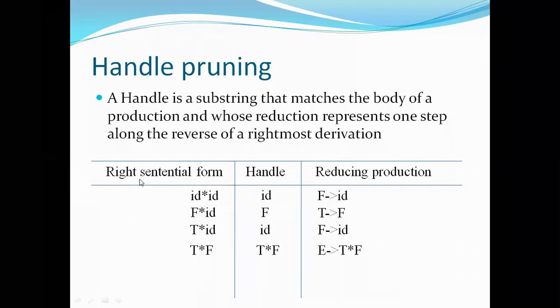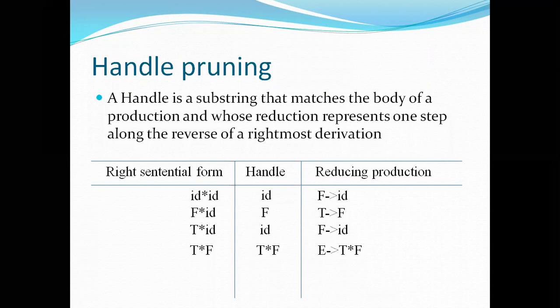So we are taking the right sentential form. What is the right sentential form or left sentential form? These are the two types of sentential form. By using leftmost derivation, we can derive a parse tree, and that is called the left sentential form.